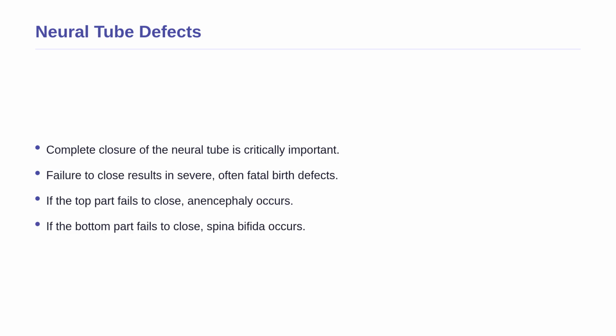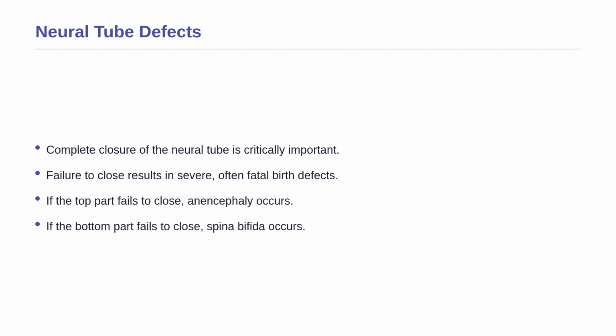Building on the formation of the neural tube, we must understand what happens when this process goes wrong. Complete and perfect closure of this tube is critically important for survival. If the neural tube fails to close completely during embryonic development, it results in severe and often fatal birth defects known as neural tube defects.